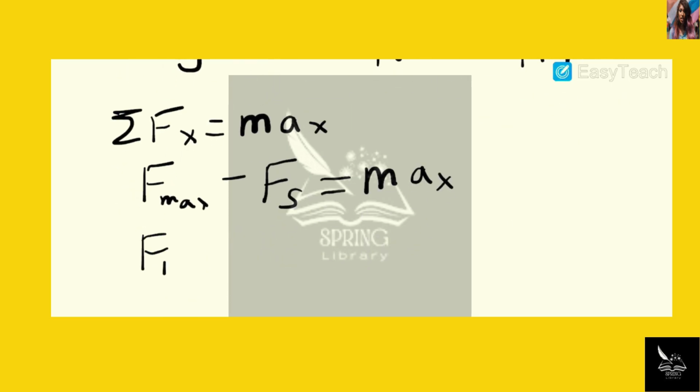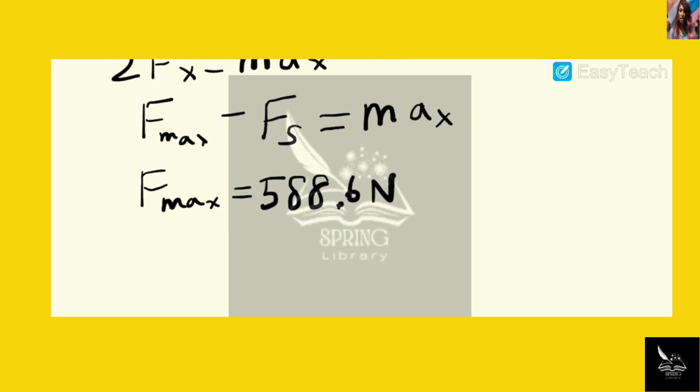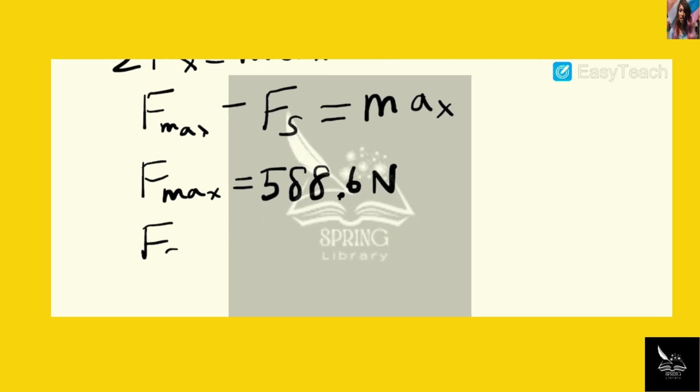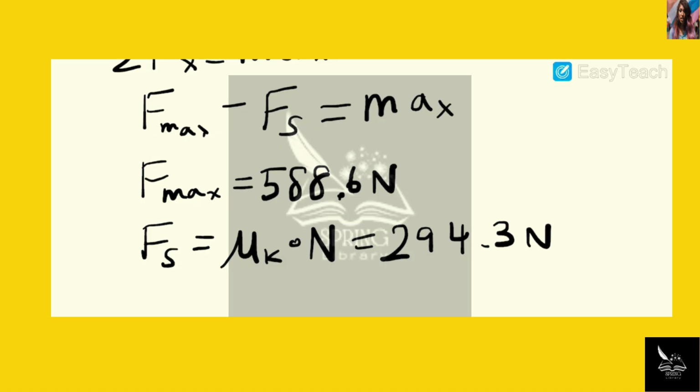We know that F max is equal to 588.6 newtons. And we can directly compute our friction force by saying that this is equal to mu k times the normal force, which is equal to 294.3 newtons.